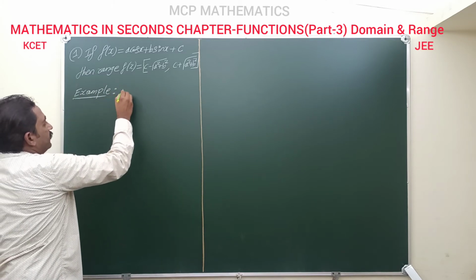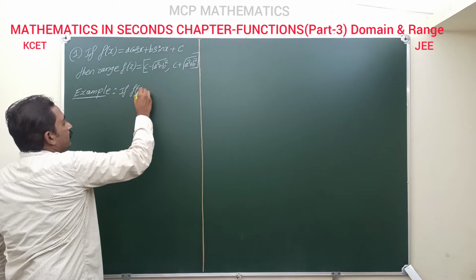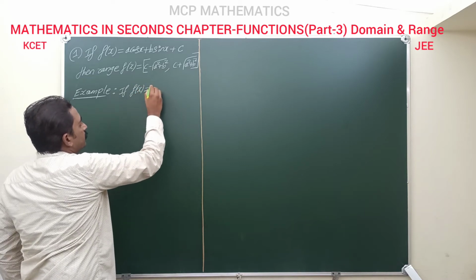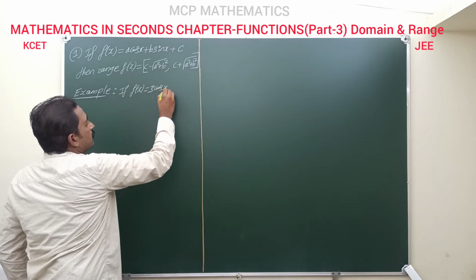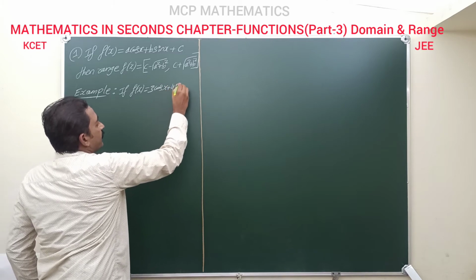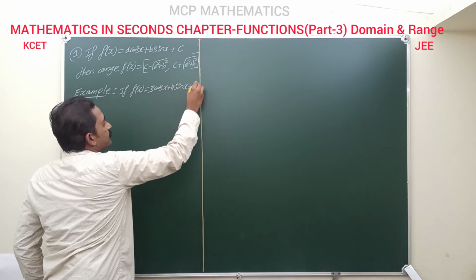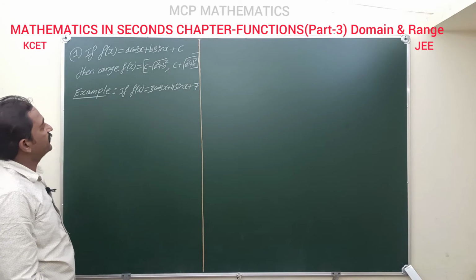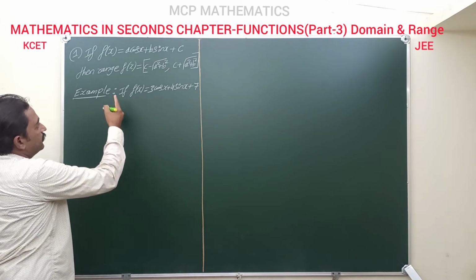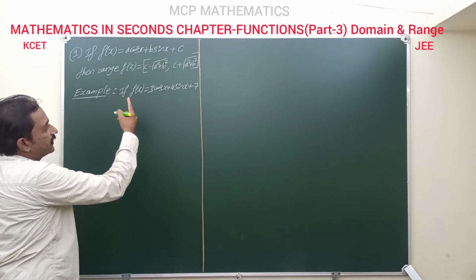If f of x is equal to 3 cos x plus 4 sin x plus 7, here a is 3, b is 4, c is 7.